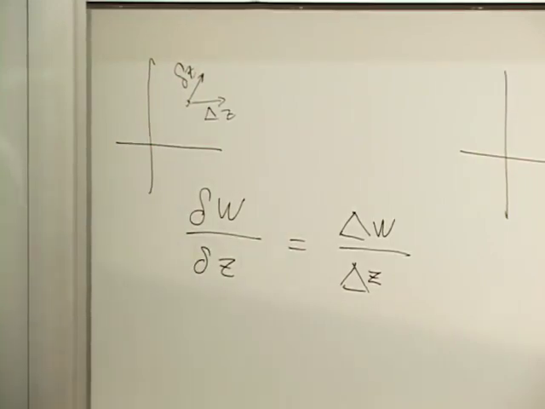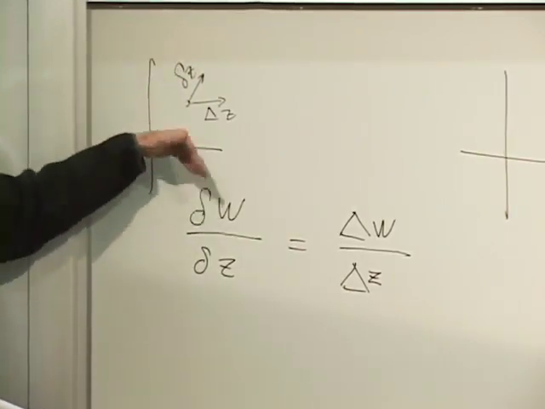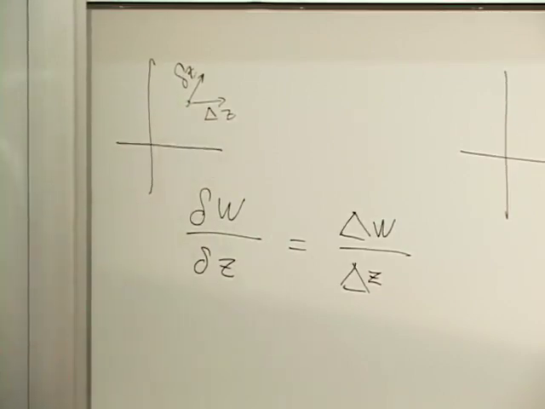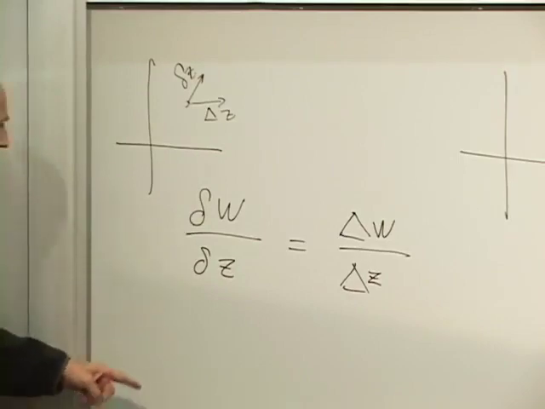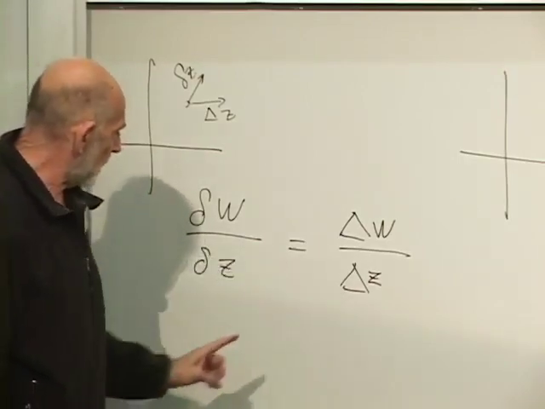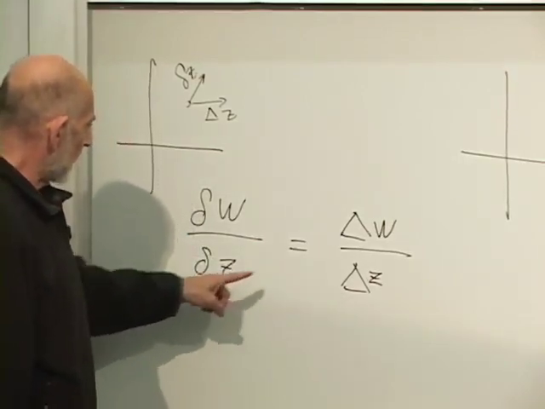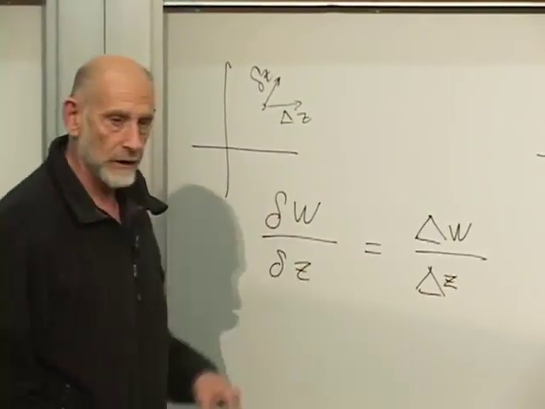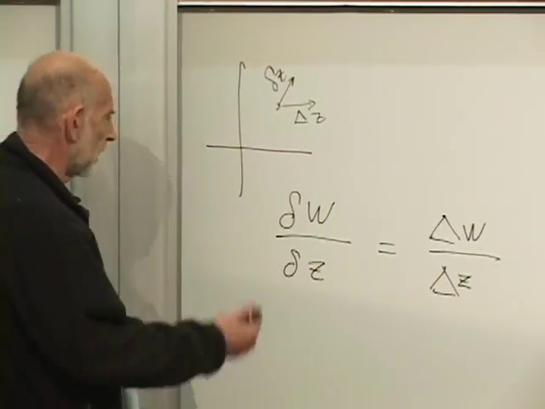The derivative calculated along the delta axis, the little delta axis or the big delta axis, should be the same if they're analytic functions. We can rewrite this. Let's multiply this by big delta z and divide it by big delta w, little delta w.